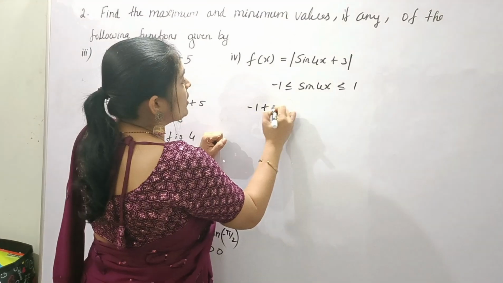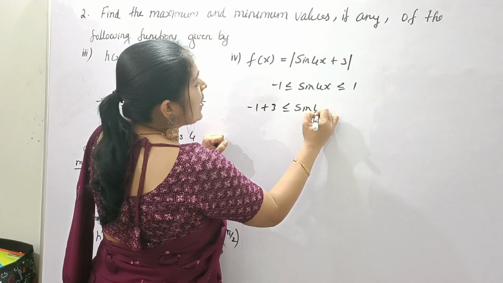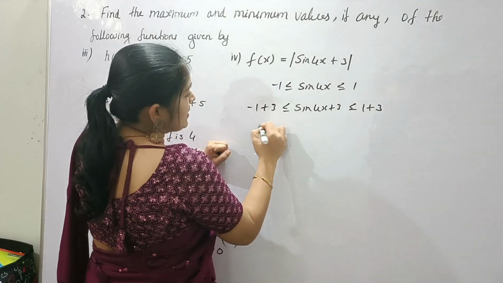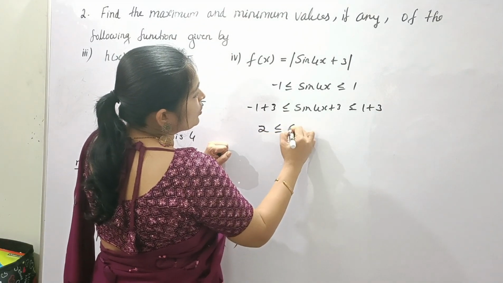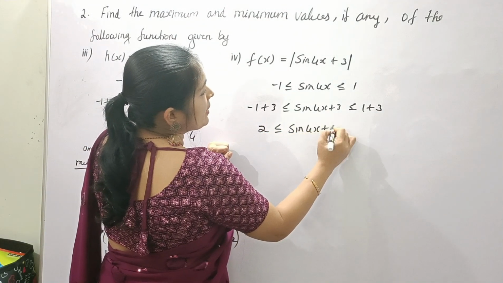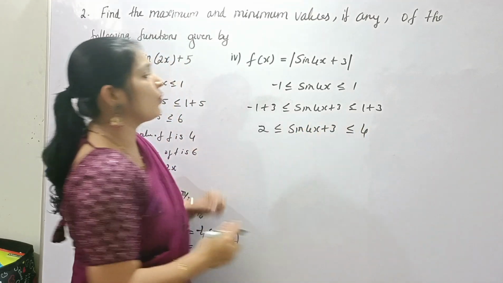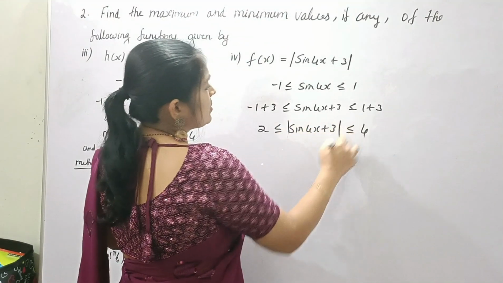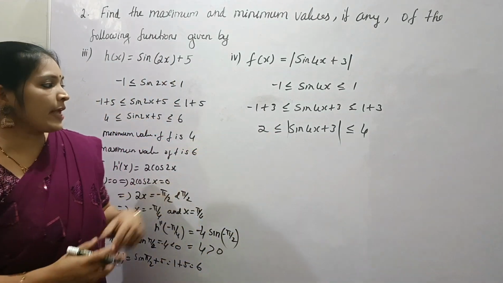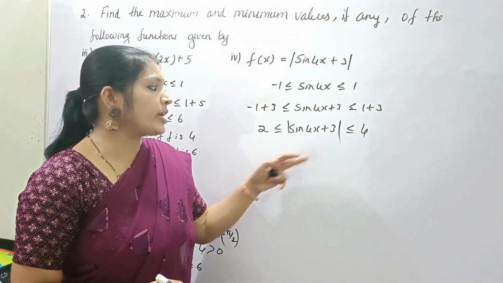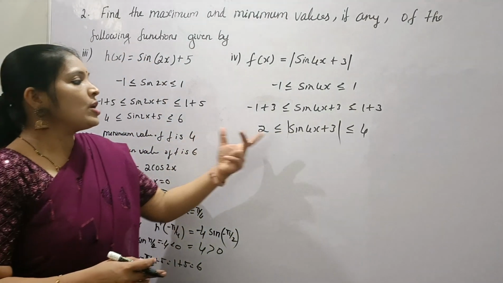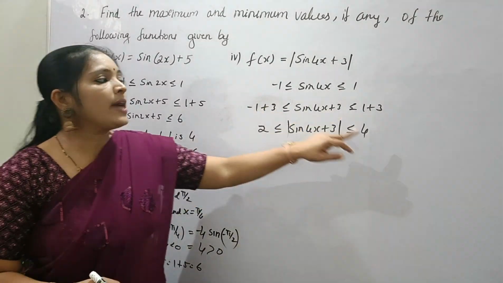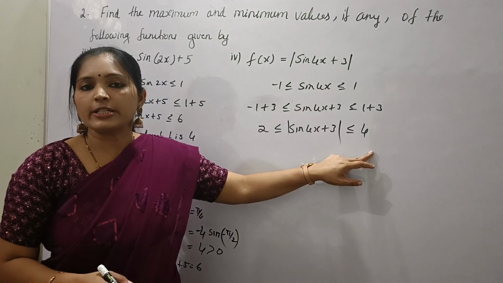That is minus 1 plus 3 less than or equal to sine 4x plus 3 less than or equal to 1 plus 3. That is 2 less than or equal to sine 4x plus 3 less than or equal to 4. See, if it is modulus also, the same value. So here we say the minimum value of the function is 2 and maximum value of the function is 4.